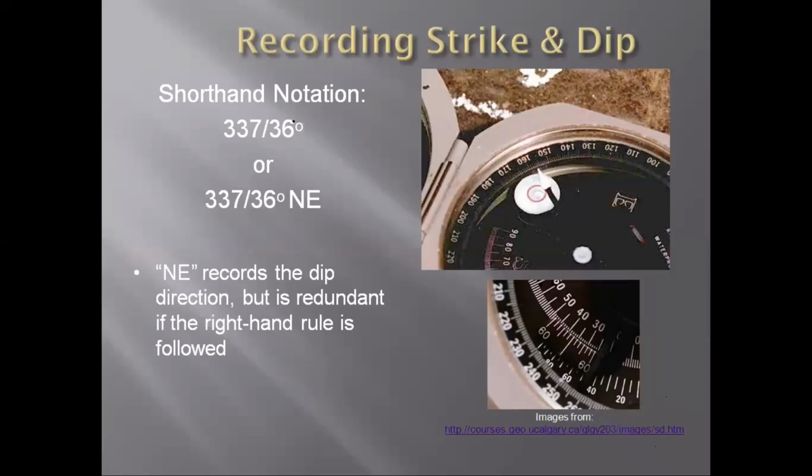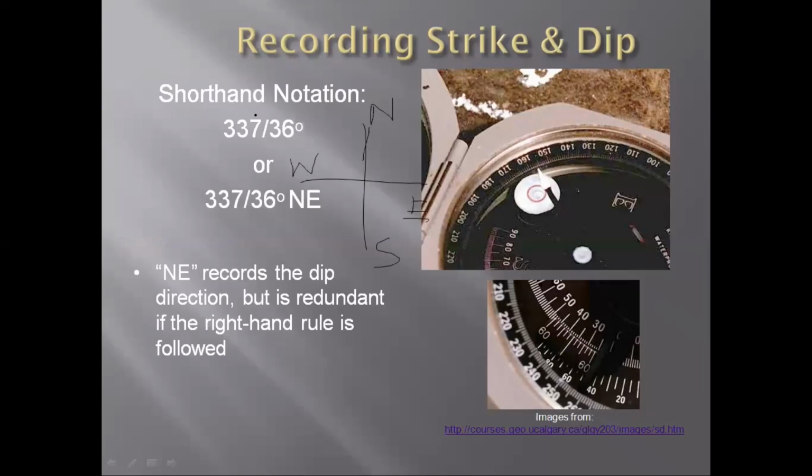Okay, now how do we indicate strike and dip. You know we have divided the quadrants into north, east, south, and west. Strike, remember, can be measured in two ways.